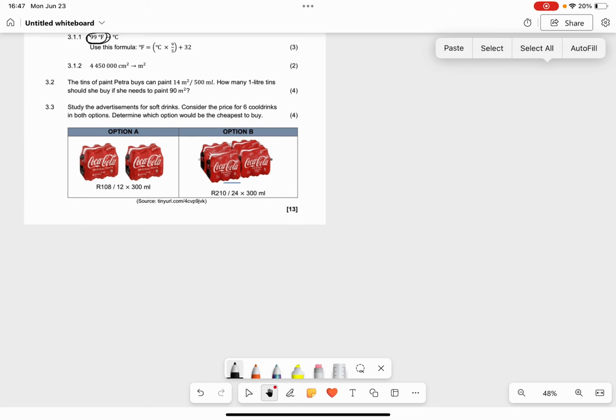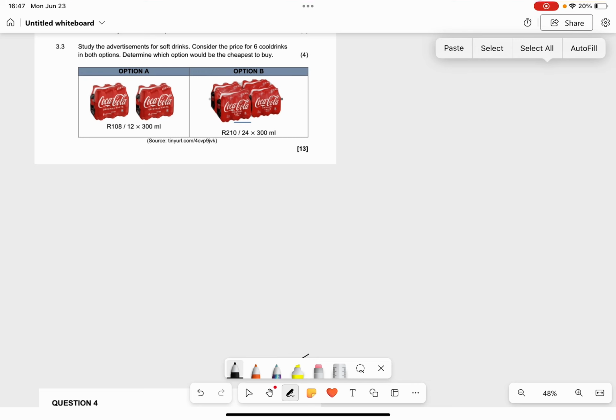Okay, so we get given option A, which is 12 cold drinks for 108 rand. Again, do you see that rands and number of cold drinks are being bound together to rate?